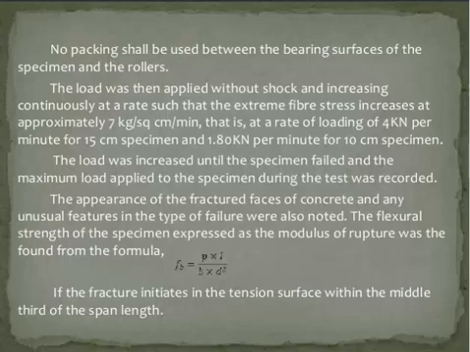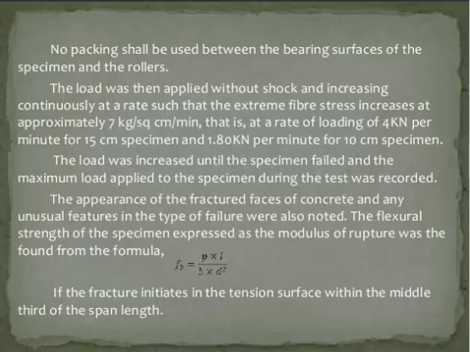The appearance of the fractured faces of the concrete and any unusual feature in the type of failure will also be noted. The flexural strength of the specimen will be expressed as the modulus of rupture, and the formula for that is fb, the flexural strength, equal to P into L upon B into D square. This expression I have already explained to you.